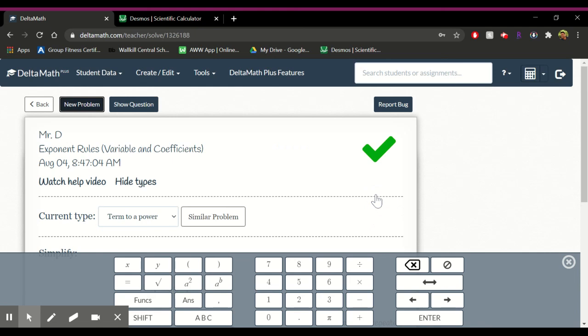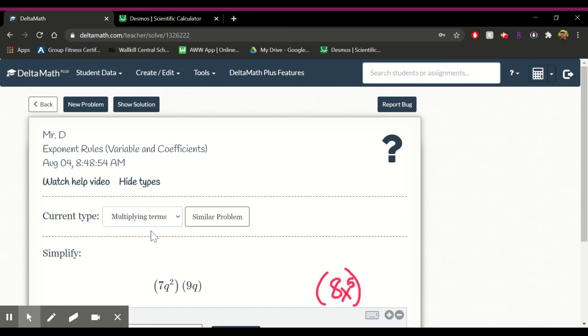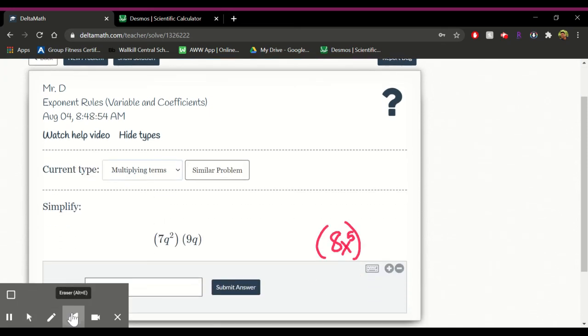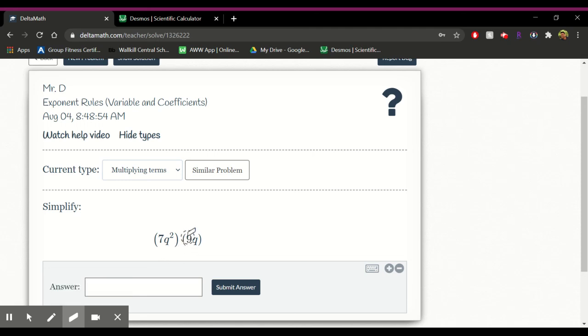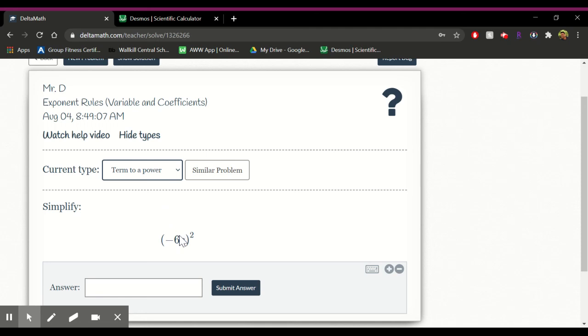Submit. There we go. So those are the 2 different types of problems you're going to look at. You're going to look at multiplying terms, right? That's when you multiply the numbers in front, keep the base, add the exponents. And then also when you have a term to a power, you just write it, expand it out.